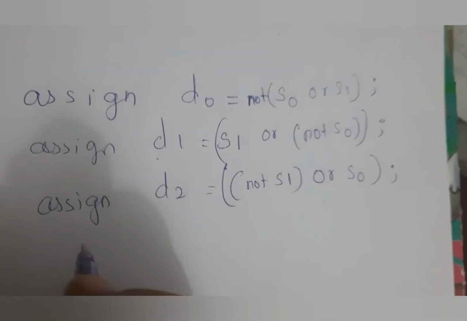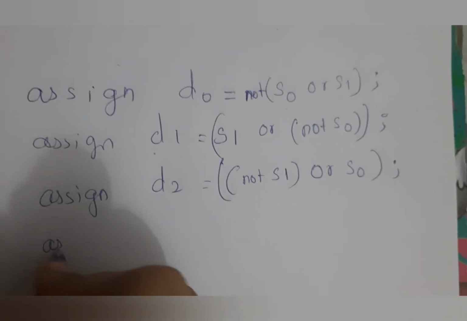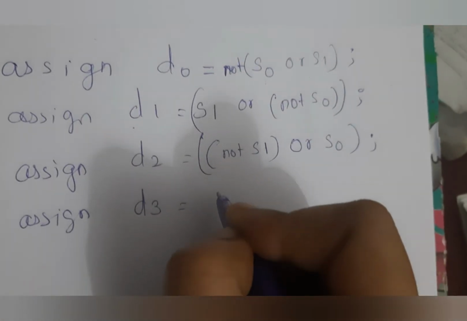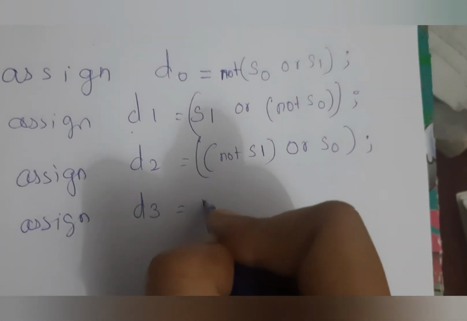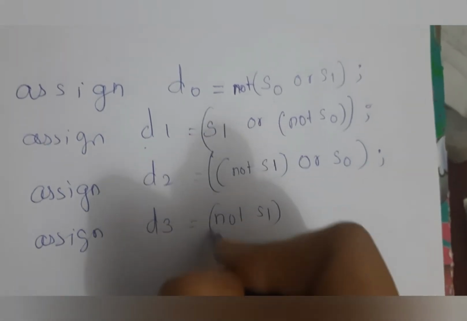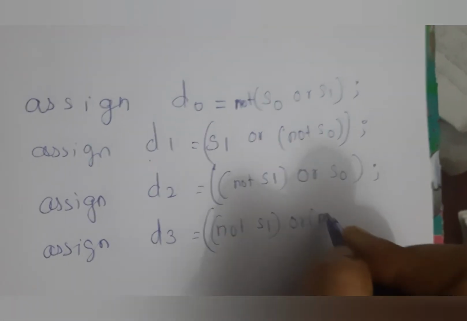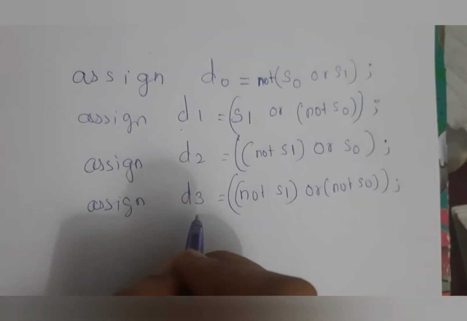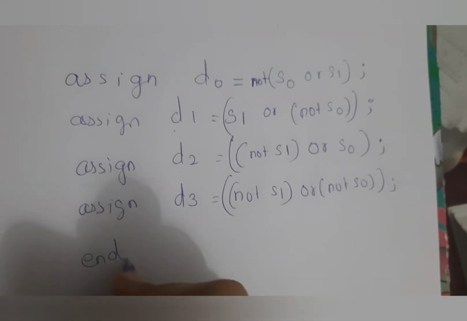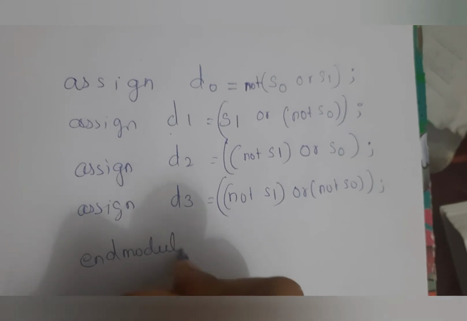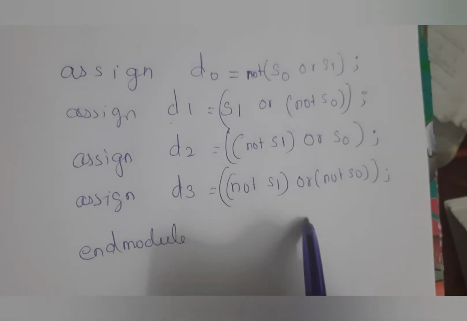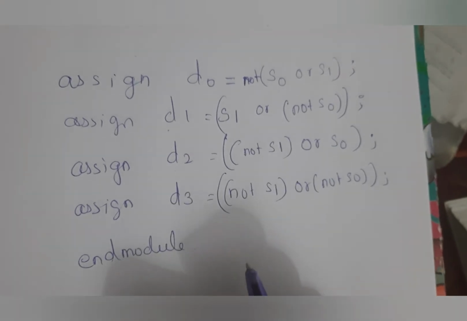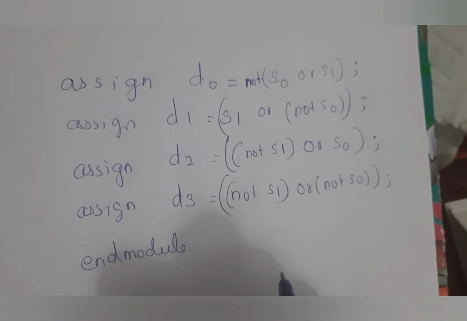This is the condition for D3, and finally we end the module. This is the data flow modeling style for describing the active high 2 to 4 decoder.